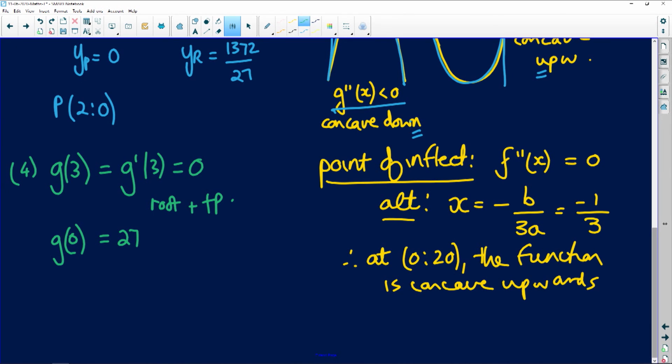So we've got the y-intercept, we've got a root of multiplicity 2, meaning it's a root and a turning point. And they tell us that G double prime x is positive if x is smaller than 3, and G double prime x is negative if x is bigger than 3.